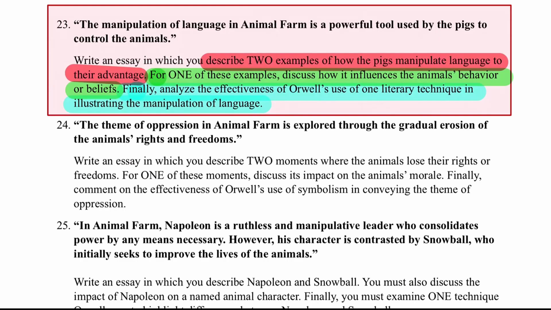And I can give a guess for the second one too. For one of these examples, discuss how it influences the animals' behavior or beliefs. I believe for the Seven Commandments, like the iconic one, all animals are equal, but some animals are more equal than others.